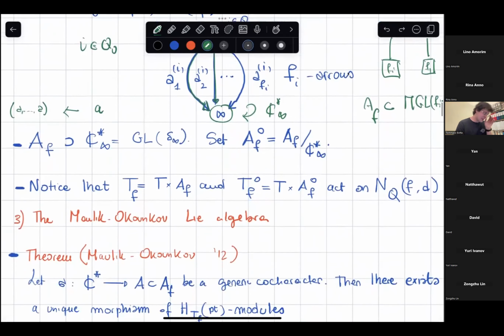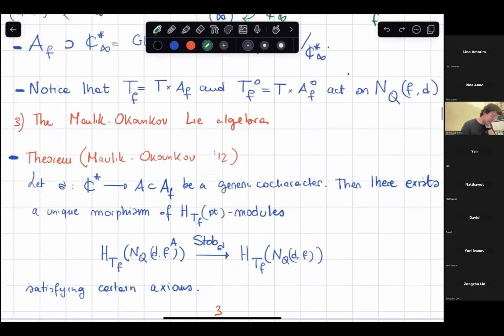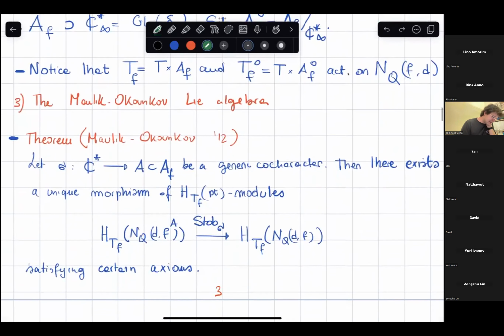Okay, so finally we have all the ingredients to discuss the Maulik-Okounkov Lie algebra. To do that, I will rely on the following result of Maulik-Okounkov. Let's pick a cocharacter sigma of a subtorus A of my framing torus AF, and let's assume that this cocharacter is generic enough.